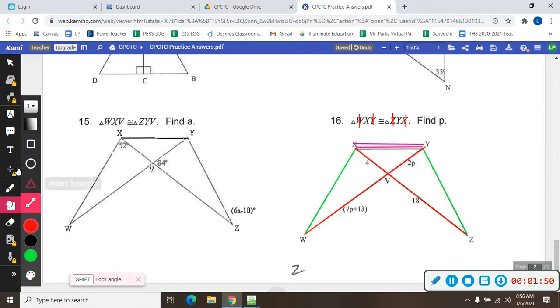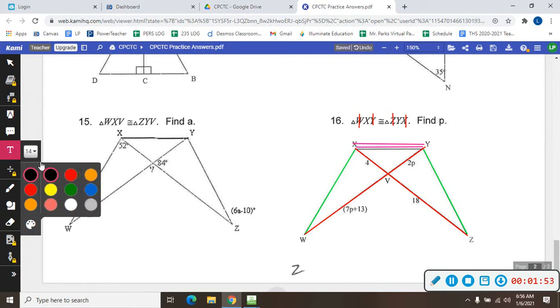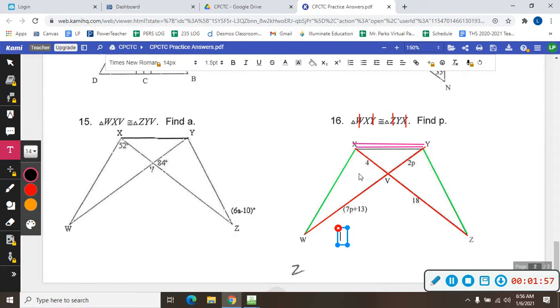So I could set up my equation, and my equation is going to be that 7p plus 13 plus 2p is equal to 4 plus 18.